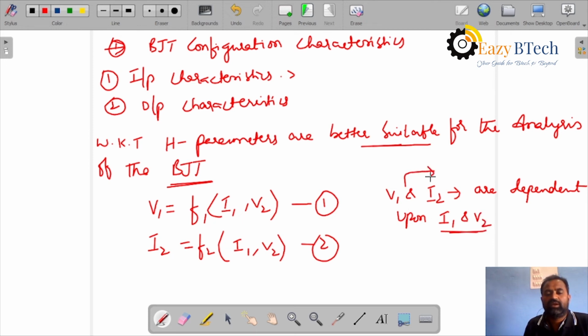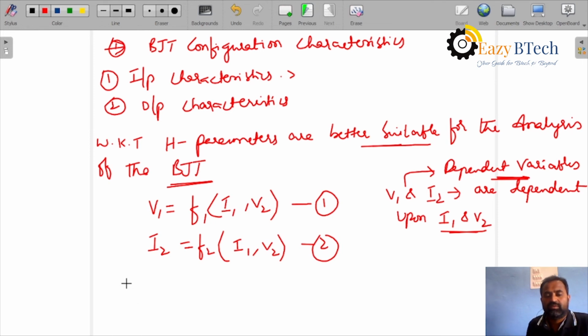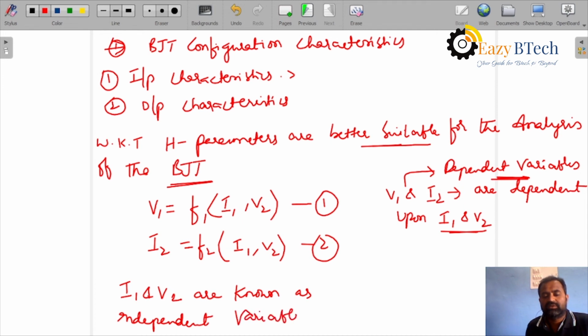That is why V1 and I2 are known as dependent variables. Next, I1 comma V2 are known as independent variables.